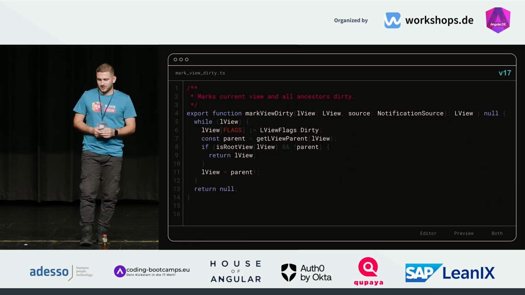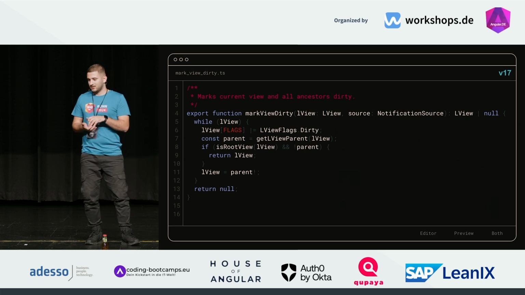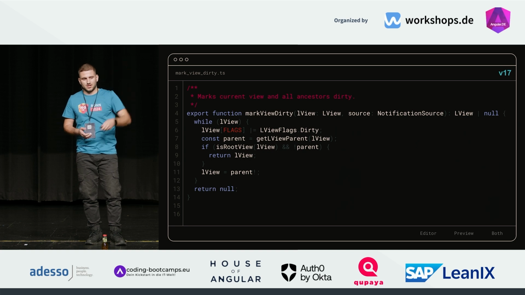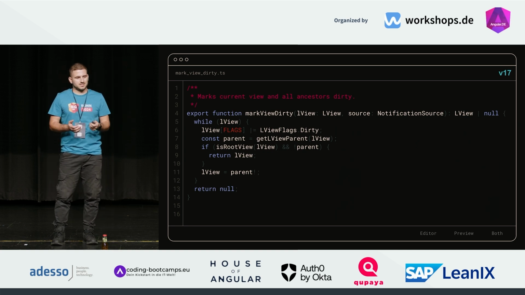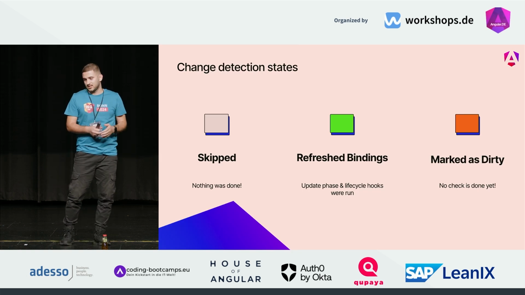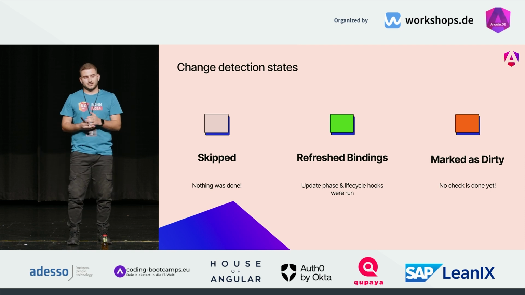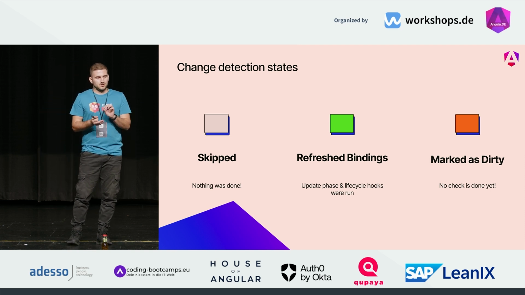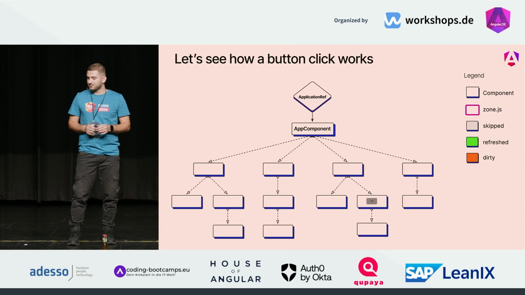And this mark view dirty marks the current component as dirty, but also all the ancestors or parents, until it goes to the root, which is probably app component, and marks them as dirty. So we have another state now, which is the marked as dirty state. But marking as dirty doesn't mean anything. It means just a flag was updated internally that says this component is dirty now because something probably changed there.